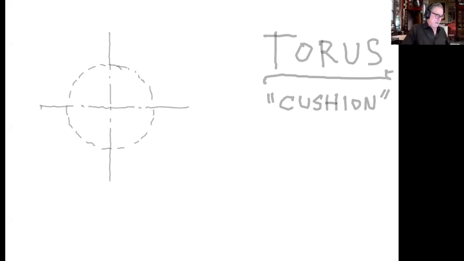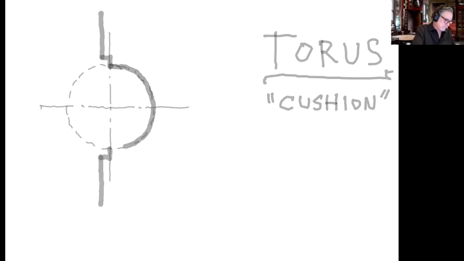Okay. So the torus is half a circle in geometry. So if we have a fillet at the top and bottom, and say it's on a wall, so we'll have a wall surface here, then the torus is this half a circle like this. And that's a torus.